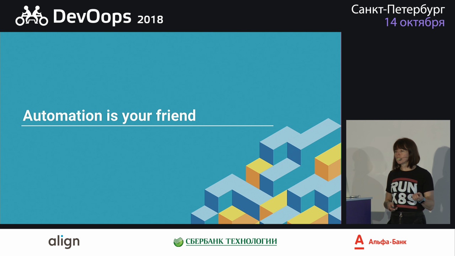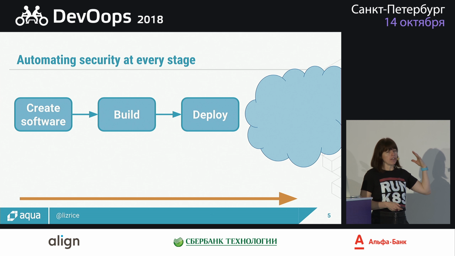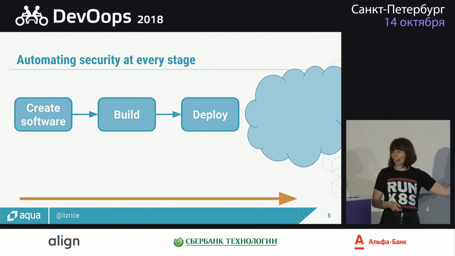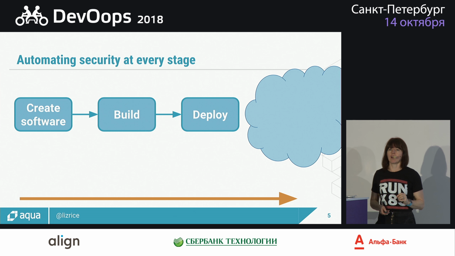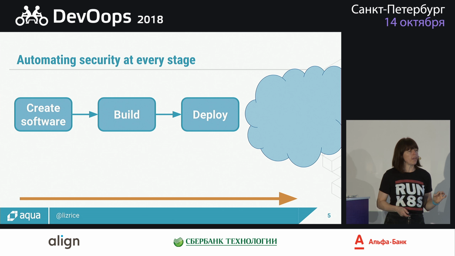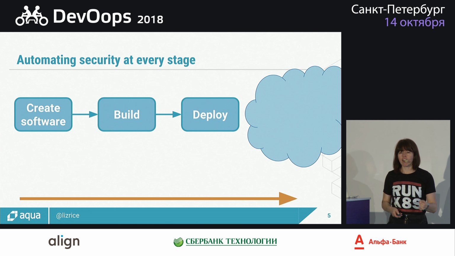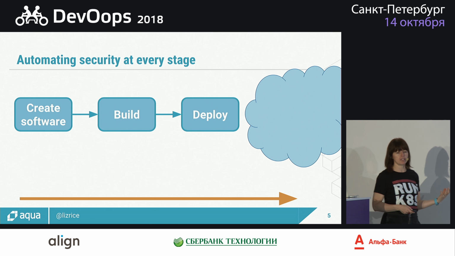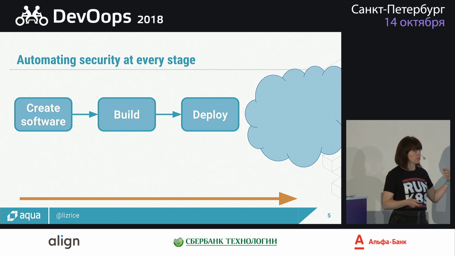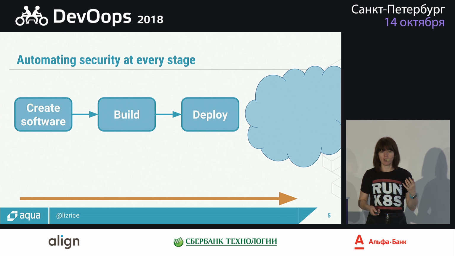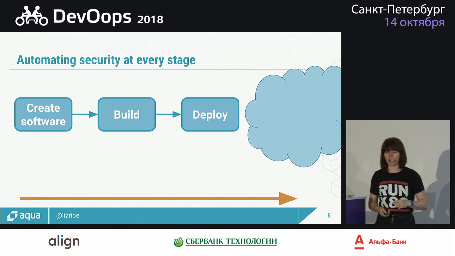What we're going to do this morning is look at the CI/CD pipeline, a super simplified version of a CI/CD pipeline, and we'll look at a way that we can improve security at every single stage. So whether you consider yourself a developer, an operations person, a security person, or some combination, there should be some things here that you can do.